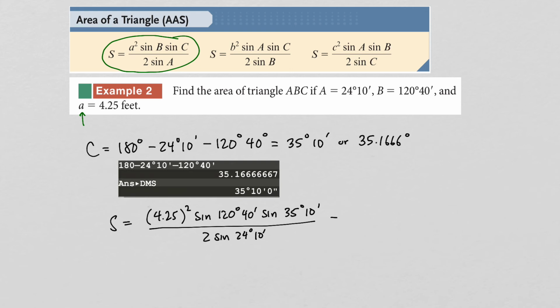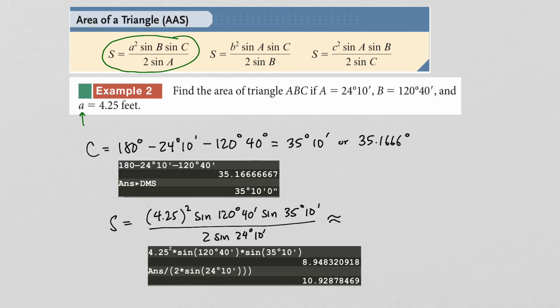And then we'll type this into our calculator to get an approximation. And we can see that we get approximately 10.9. And this was given in feet, so the answer will be square feet.